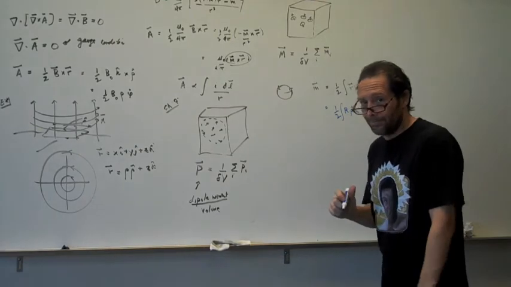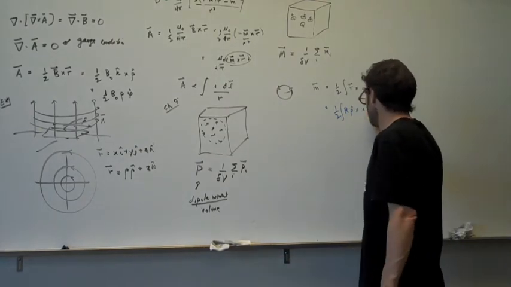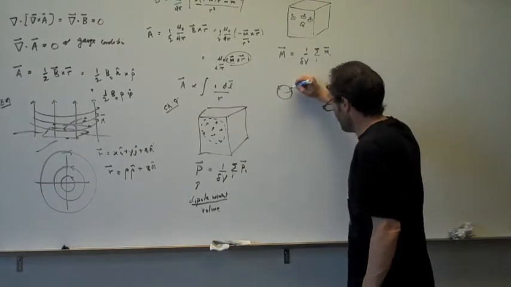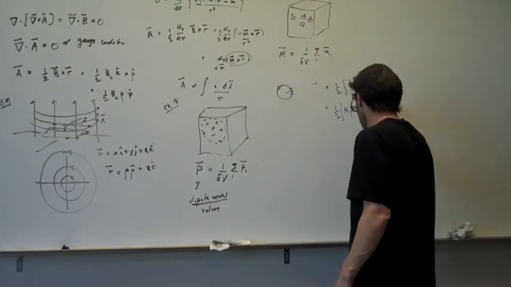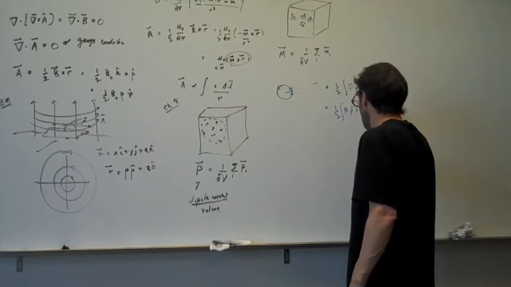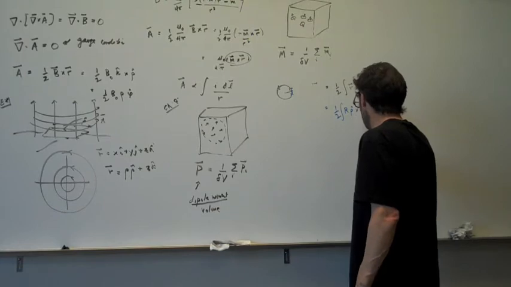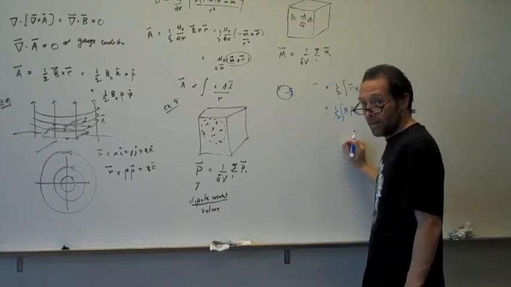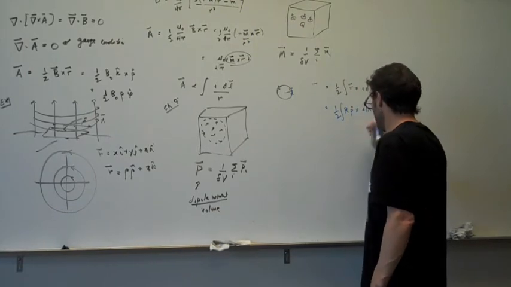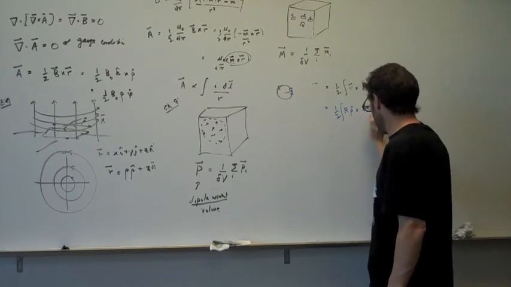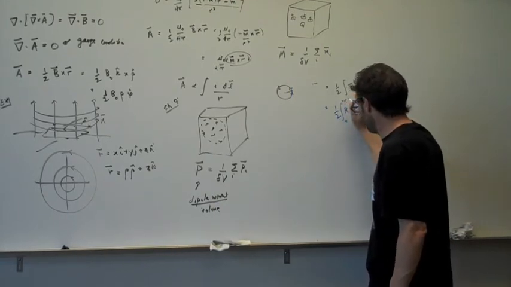What is dl in this particular case? It's r d phi phi hat, because you need a distance. You're integrating over d phi from 0 to 2 pi.